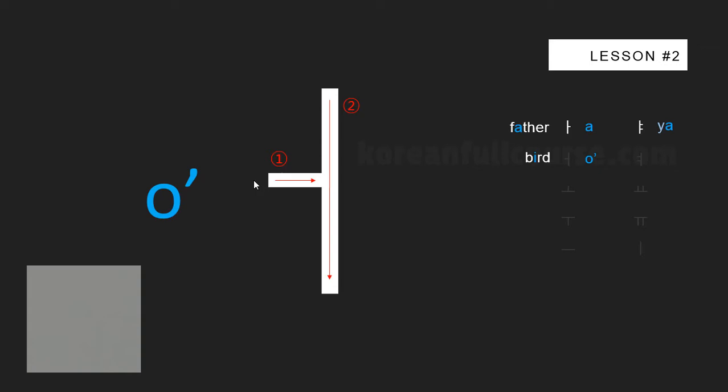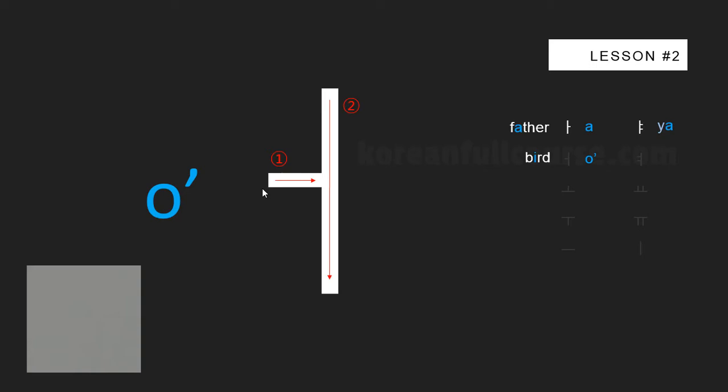Start drawing it from this little horizontal stroke, not vertical stroke, okay? Because I have seen that often foreigners start writing this letter from the vertical stroke and then they write the horizontal stroke. If you do so, at the end of the day, your letter O is gonna look like a plus sign, which is not readable and kinda ugly.